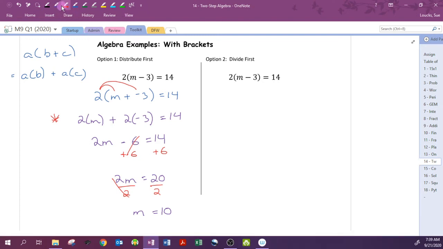All right, the other way we can do this is we can divide first. So one of the things about brackets in algebra is you have to imagine that you actually can't see inside the brackets. It's like if you've ever done the experiment where you put an egg in vinegar and the shell dissolves, but you're left with the membrane of the egg.